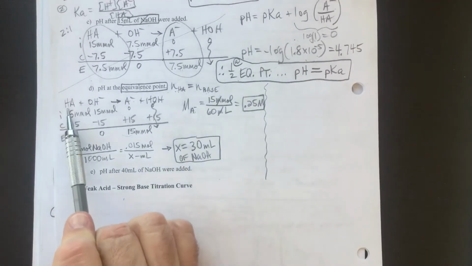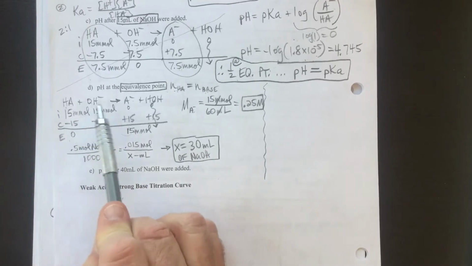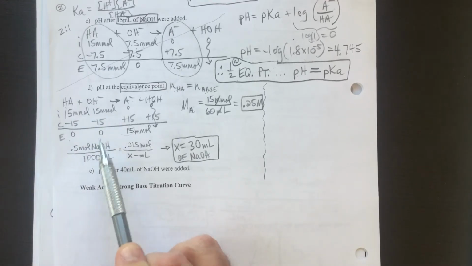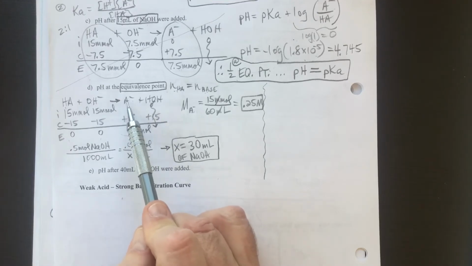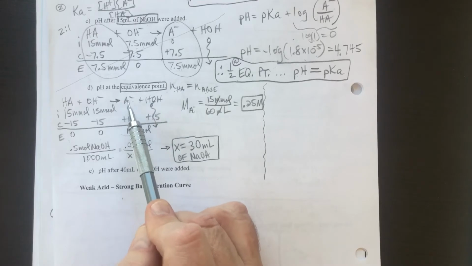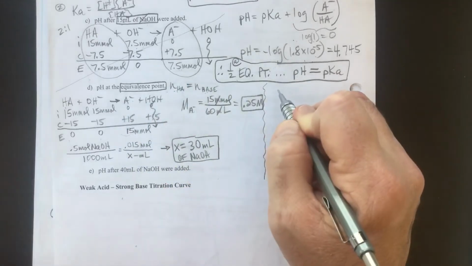But this is a weak acid, we have none left. This is strong base, we have none of it left. All we've got is conjugate base. And so this conjugate base, and water, this conjugate base is what's determining our solution's pH.